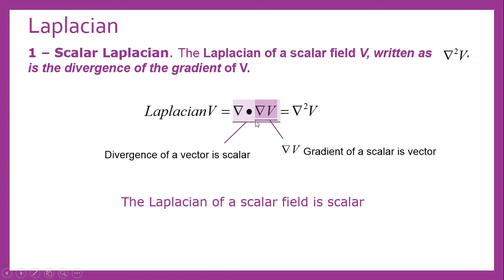This vector is operated with a del vector, which is a divergence operation. Hence, finally you get a scalar, which is del square V. The Laplacian of a scalar field is a scalar.